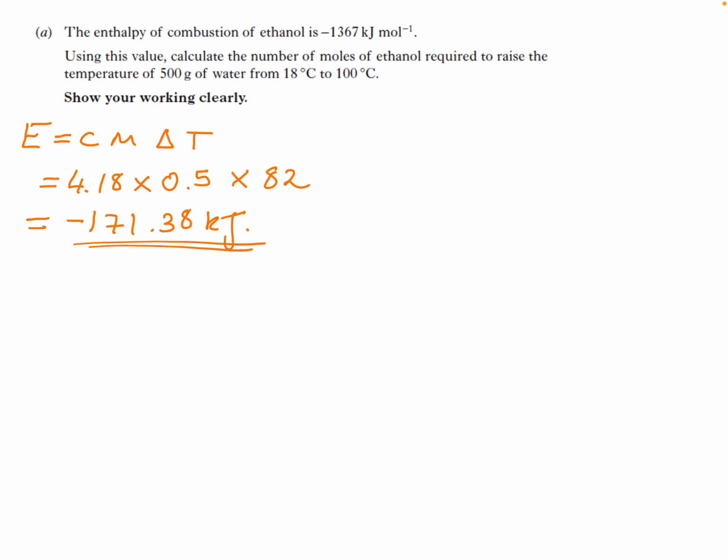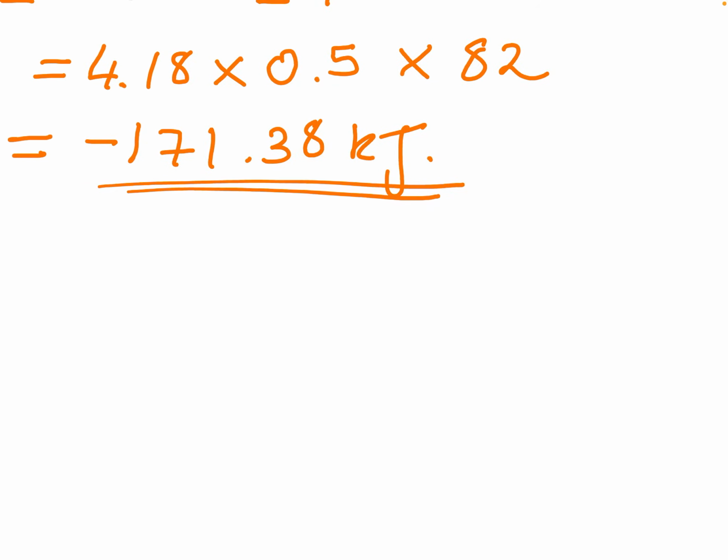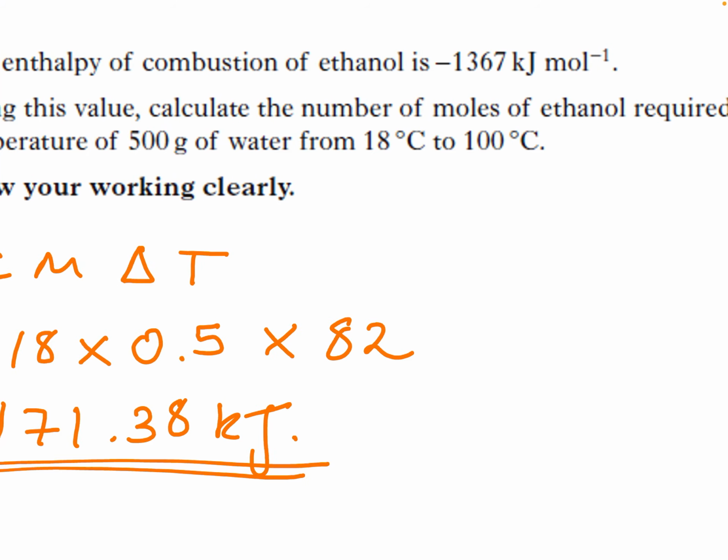So there we go. That's us done our first part of this question. We now need to use our proportion to work out the number of moles that we would require to do this energy change. The question tells us that the enthalpy of combustion, so the actual for 1 mole, is 1,367 kilojoules.